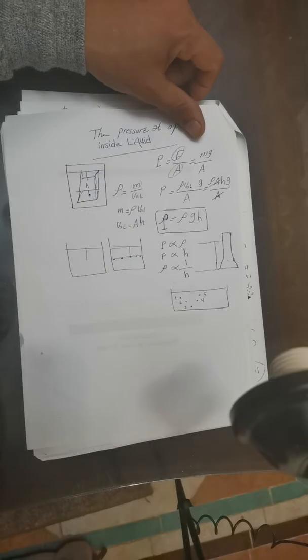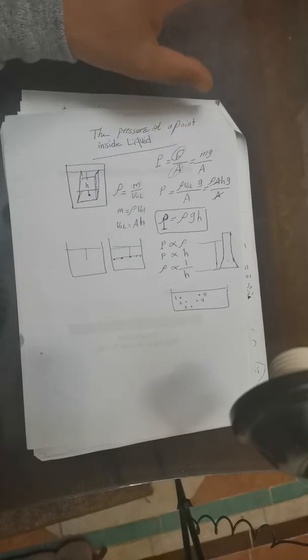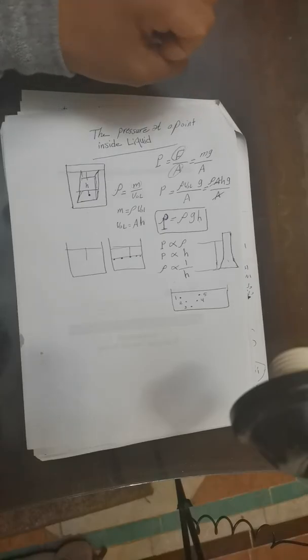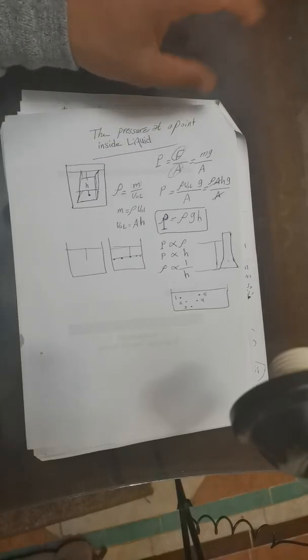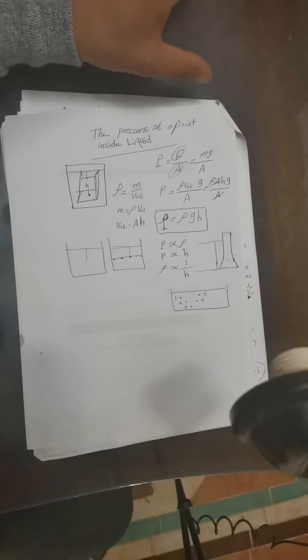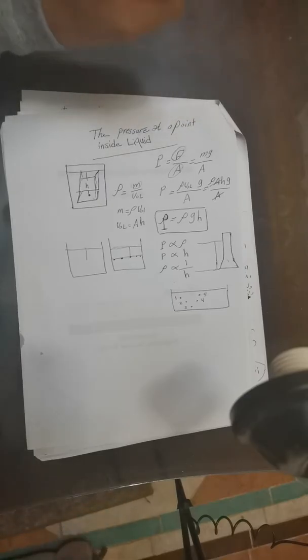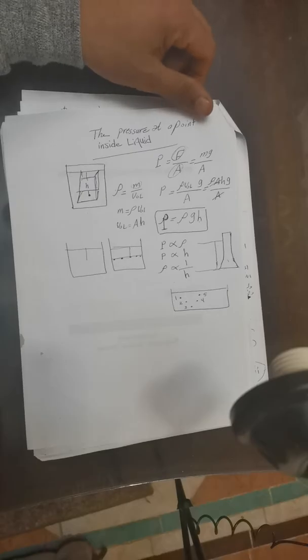Where H is small, the pressure is small, and where H is large, the pressure is large. So the points with the least depth are 1 and 5, so 1 and 5 have the same, lowest pressure compared to the other points.